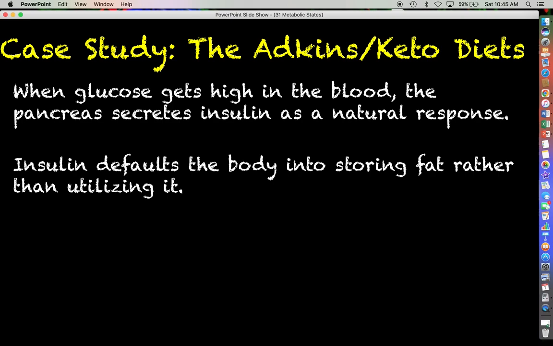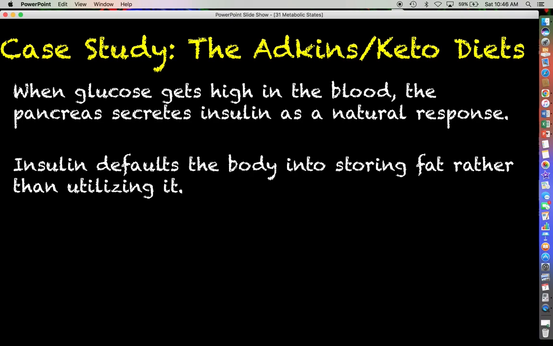And we know, or at least we've mentioned in a previous video, that a single fatty acid molecule has the capability to produce a lot more ATP, a lot more energy than a single molecule of glucose. So it would be fair to say, if the goal of the body is to produce as much energy as possible, it would probably be more efficient to use fat for energy than glucose. But here's the problem.